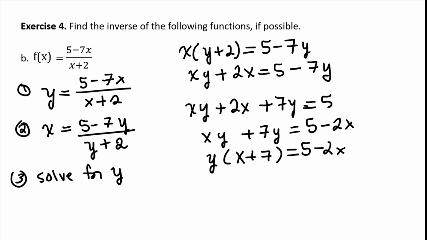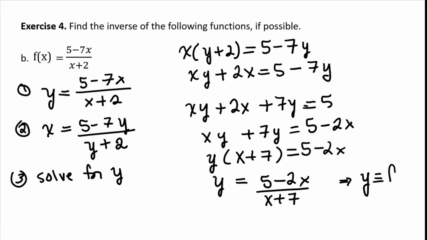And finally, we can divide by x plus 7 and isolate the y. So y is now equal to 5 minus 2x divided by the quantity x plus 7. We have one more step remaining, and that final step is to replace the y with the f inverse notation.